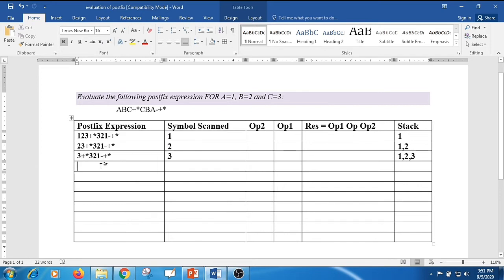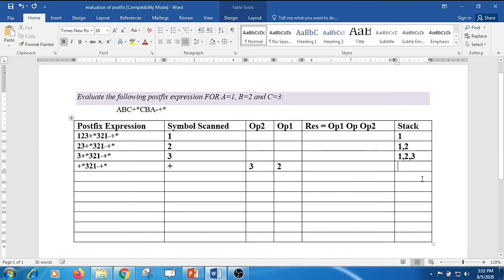Next the symbol scanned is plus. When you get an operator, you pop the stack elements. The topmost element of the stack is 3, which is popped into OP2, and OP1 is the next element, that is 2.